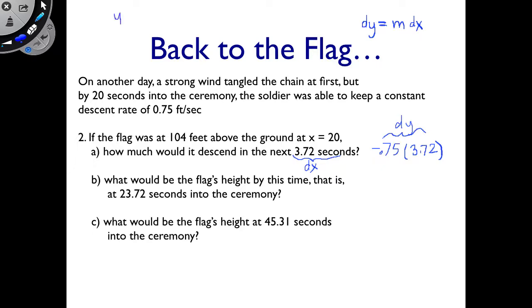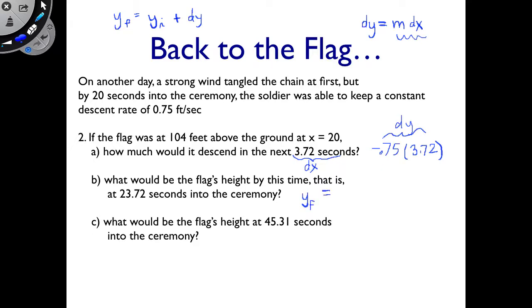That's our y final, our initial height plus, well, dy. And we know that dy is also m dx. So all we need is our height at the beginning plus a change. And our height at the beginning was what this time? 104.